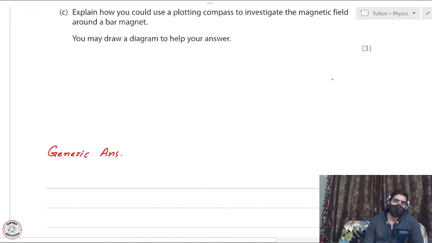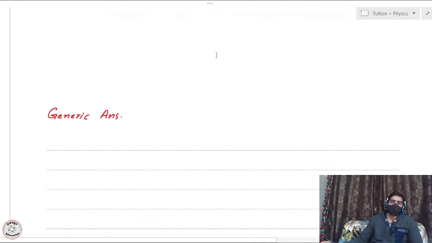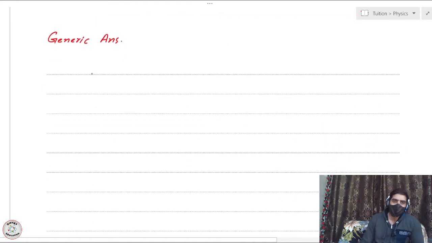So you get a 2-3 mark question from here, using a plotting compass to investigate the magnetic field around a bar magnet. So first of all, you can note down these points and it would be a generic statement. Place a compass near the edge of the North Pole.